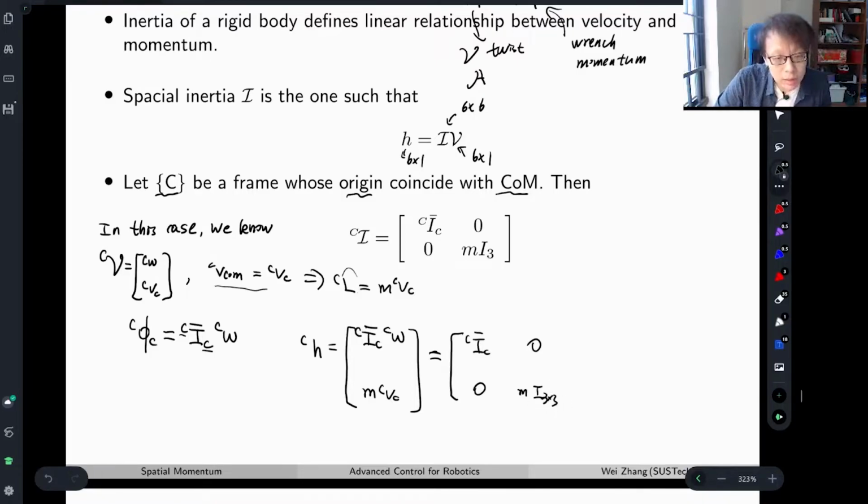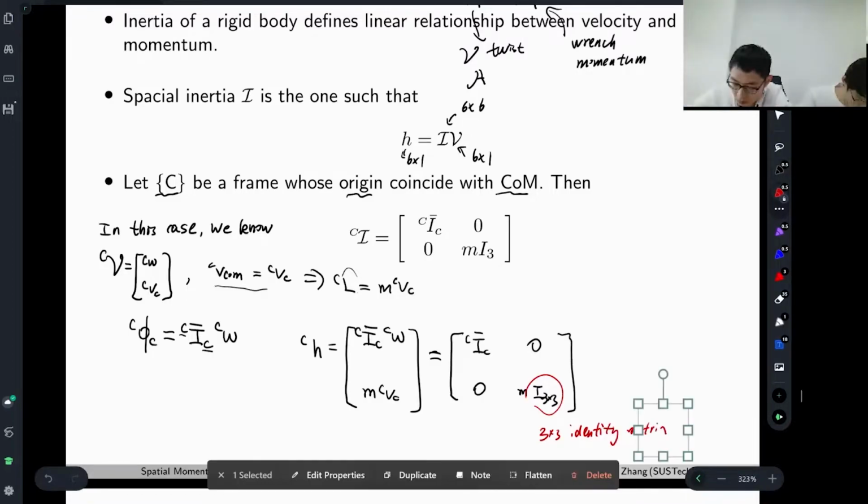I use I 3x3 to denote, well, the notation is a little bit bad, but it's an identity matrix, right? That's a 3x3 identity matrix, not the inertia matrix.